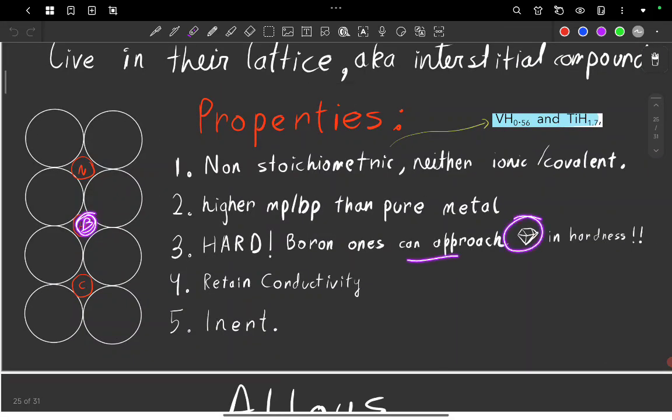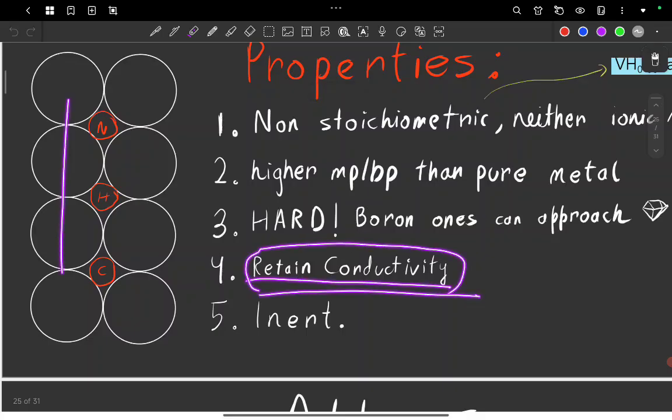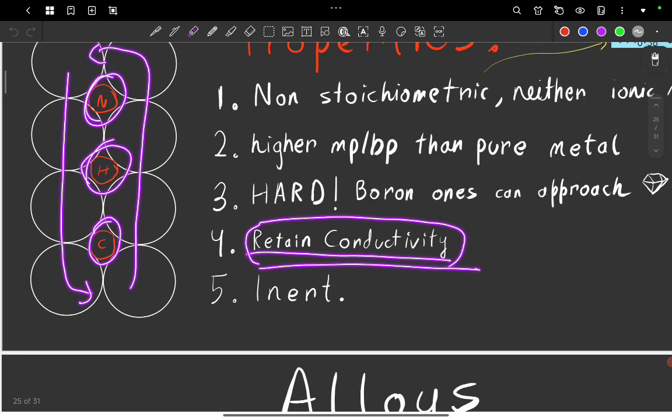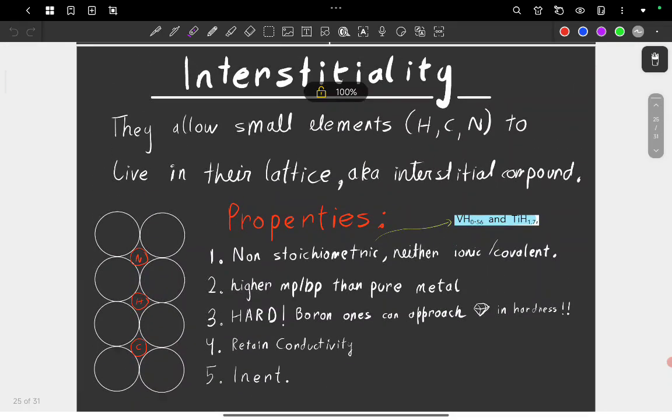They can approach diamond in hardness, and that is amazing because diamond is the hardest known substance on earth. They retain their metallic conductivity, which is a plus point because they are still able to conduct electricity just fine while having these guys in between. And lastly, they become chemically inert. Okay, so this was it about interstitiality.